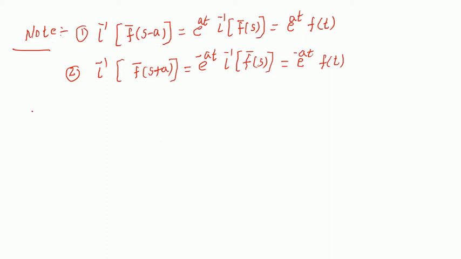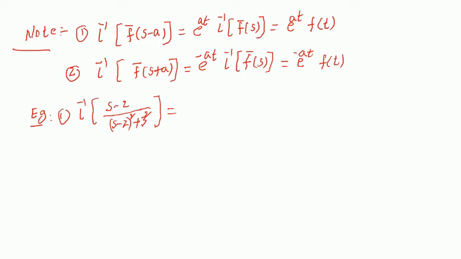See the examples on this. The first example: L inverse of s minus 2 by s minus 2 whole square plus 3 square. We first observe the form of s in the denominator. It is s minus 2.